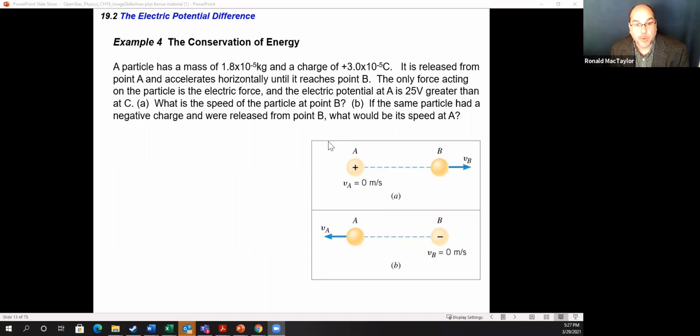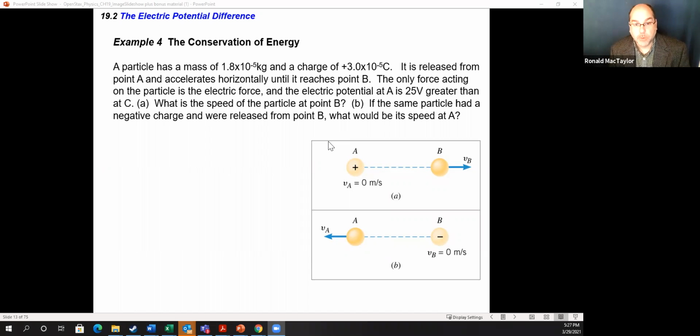It is released from point A and accelerates horizontally until it reaches point B. The only force acting on the particle is the electric force, and the electric potential at A is 25 volts greater than that at C. What is the speed of the particle at point B? And if the particle had a negative charge and were released from point B, what would its speed be at A? So sounds like a whole lot of blah, blah, blah.